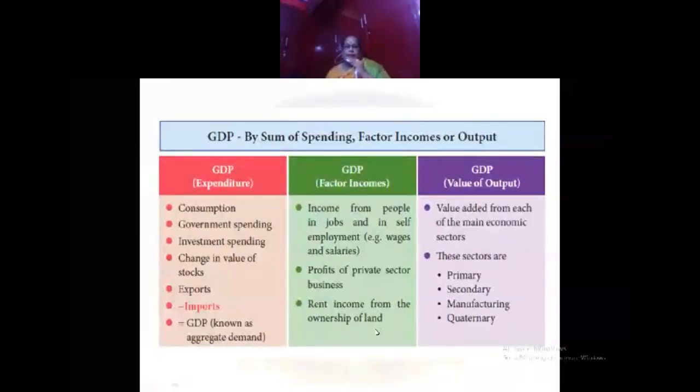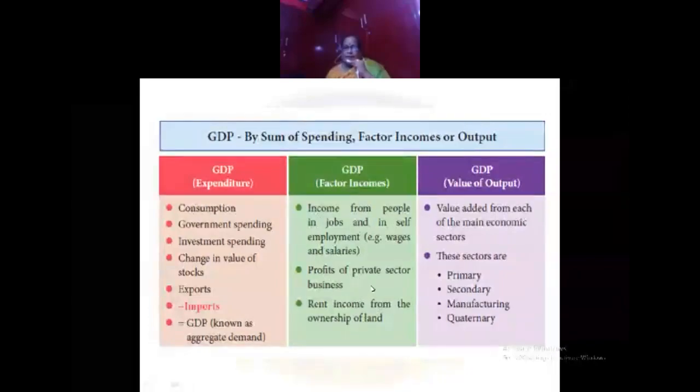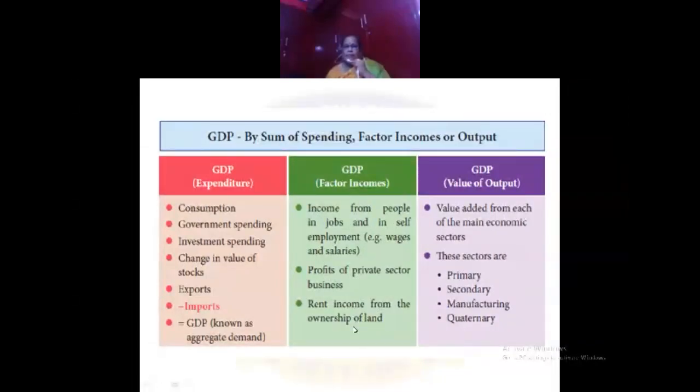Is nothing but what are the factors of production? Land, labor, capital, and organization. What are the sub-factors of production? Rent, wages, interest, and profit. All these will come under this. That is second method, the income method.